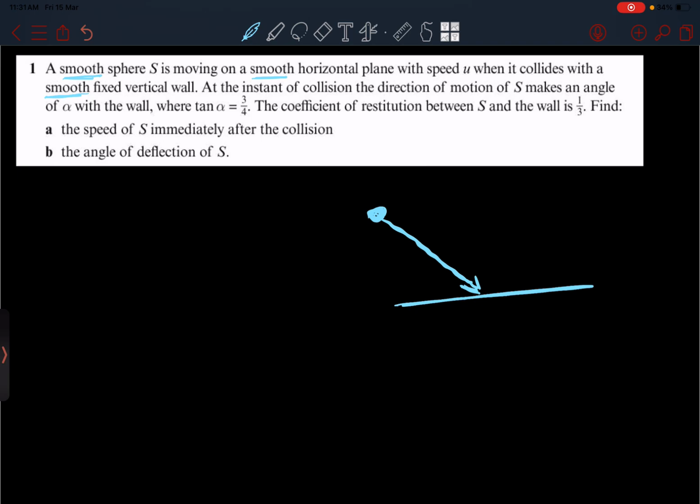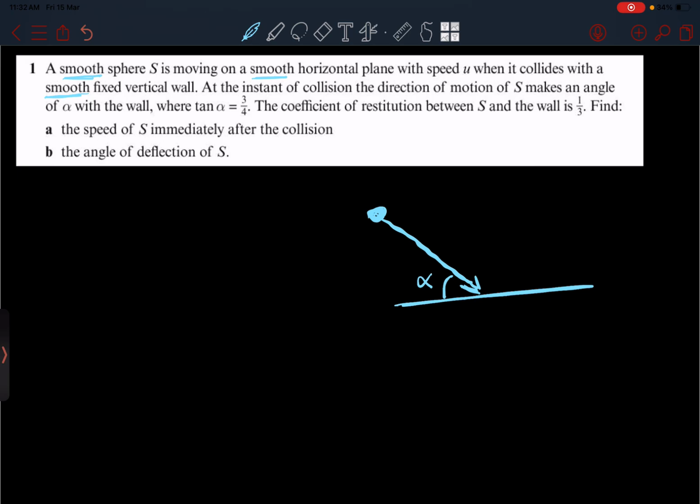At the instant of collision, the direction of motion of S makes an angle alpha with the wall. So we know that this angle is alpha. This is before the collision.